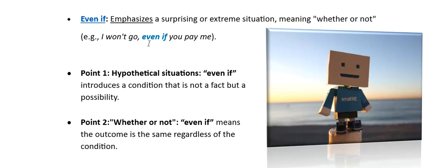So it is a surprising condition. It is an extreme situation. It means I won't go whether you pay me or not. Means regardless of the situation, I won't go. No matter what happens, I won't go. So I won't go even if you pay me. It is a stronger version of if, emphasized version of if.